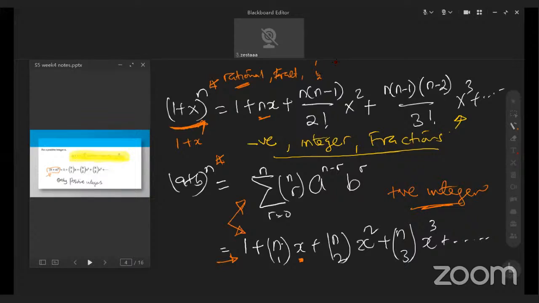Or one combination negative 2? This is what we are trying to avoid in this first formula. So you cannot utilize this one here. We have to substitute into this to avoid this other part. That's what we are trying to look at.